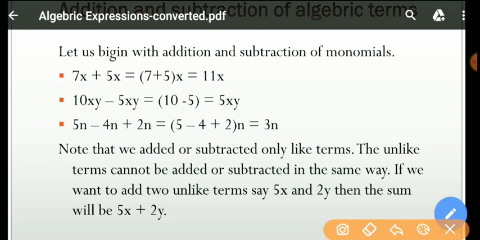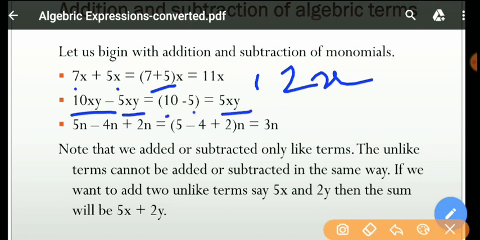Okay, it is actually a test of you: can you identify these mistakes or not? I have seen it actually. So this is not 11x, this is 12x. Correct it. So 7 plus 5 is 12 and x. Similarly 10x minus 5xy. 10 minus 5 is 5xy.